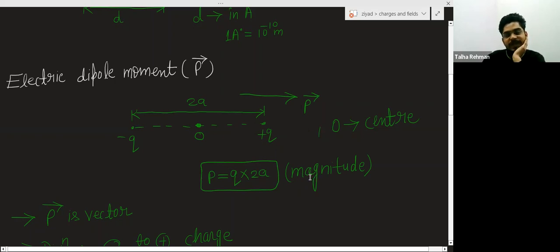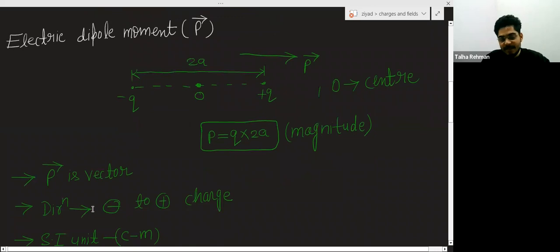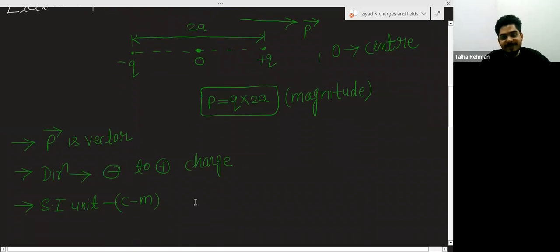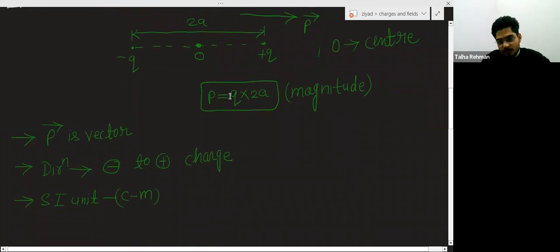So the electric dipole moment has magnitude and also direction. That is why it is a vector quantity, with direction from negative to positive charge, and the SI unit is coulomb meter. You can calculate the SI unit from here: the unit of charge is coulomb, and the SI unit of distance is meter.